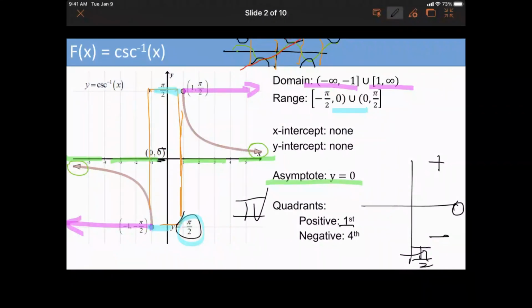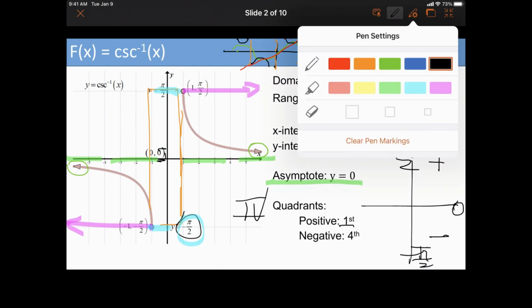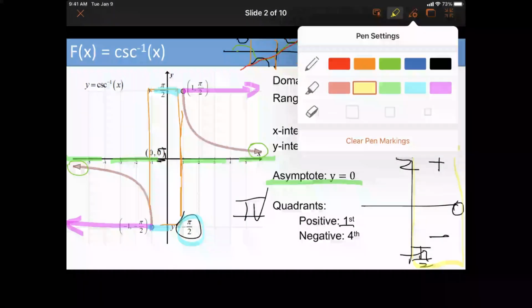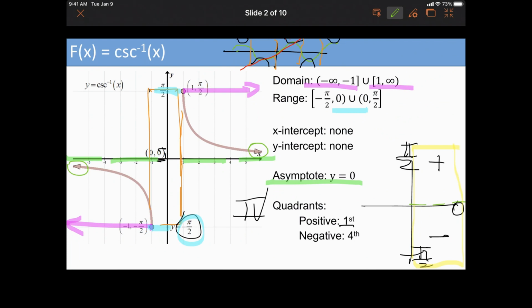And then the first quadrant from 0 to pi over 2, positive. So it's similar to the inverse sine function, these two quadrants. However, the only difference is you have this asymptote that runs right in the center. So if you had inverse cosecant of 0, that's going to be undefined, so that's not going to have a solution.